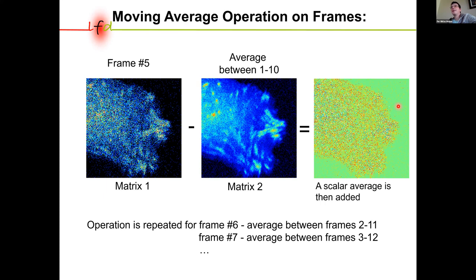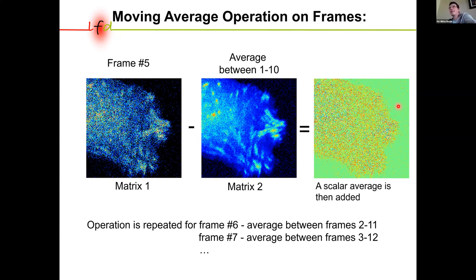And then for frame 6, we would subtract the average between frames 2 and 11. And from 7 between 3 and 13, and so on and so forth. So by doing this average subtraction in kind of a moving average, rolling average fashion, we can correct for the bleaching as we subtract less and less as we get less and less signal.